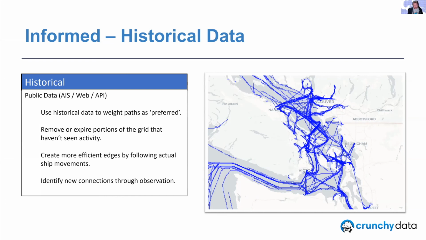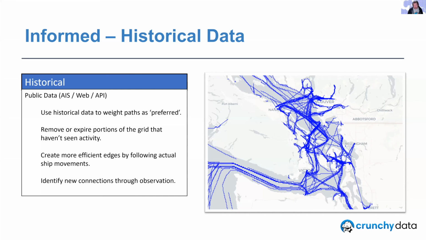The two things that does is, one, we can see at a glance where all the ships are going, how they're going there. And 2, we don't have all of those extra grid spaces that were created but not being used. There's a lot of blank space out there that isn't blue, which means that there's a lot of grid that we created that hasn't had a ship on it.